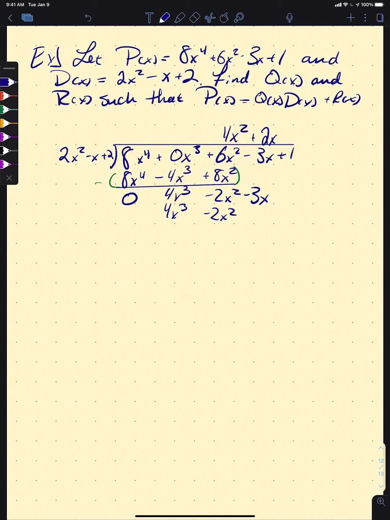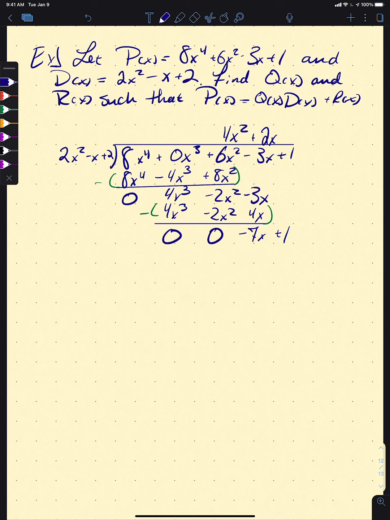And 2x times 2 is going to be 4x. Now we subtract these. 4x cubed minus 4x cubed is 0. Negative 2x squared minus negative 2x squared is 0. Okay. But then 3x minus 4x is going to be negative 7x. Drop down my plus 1.